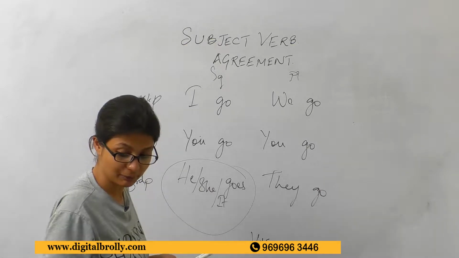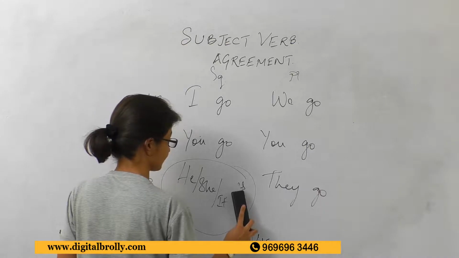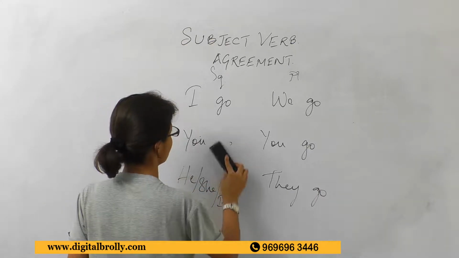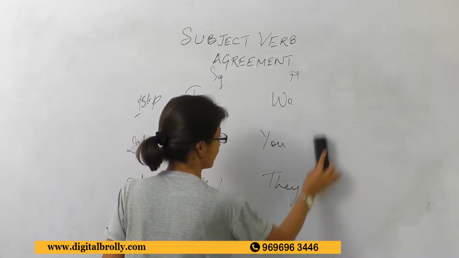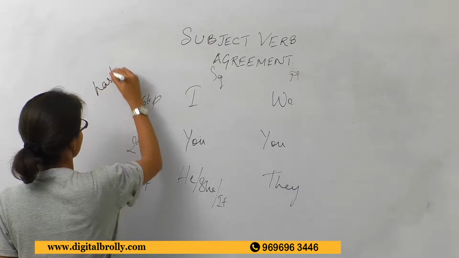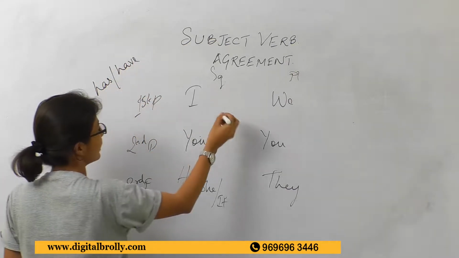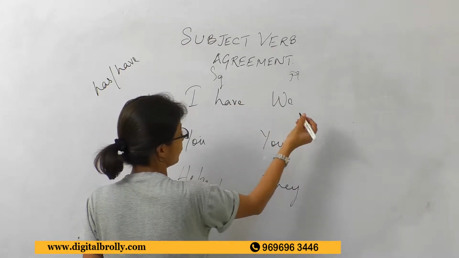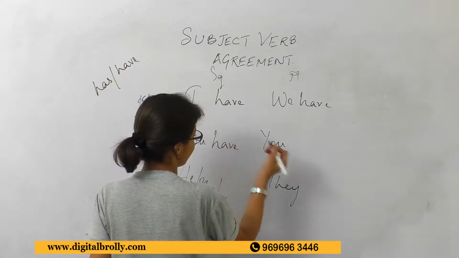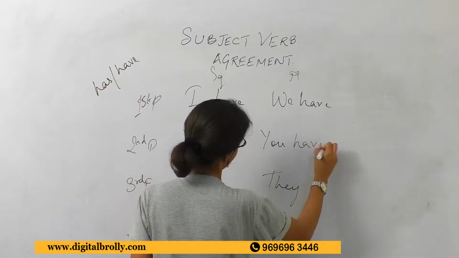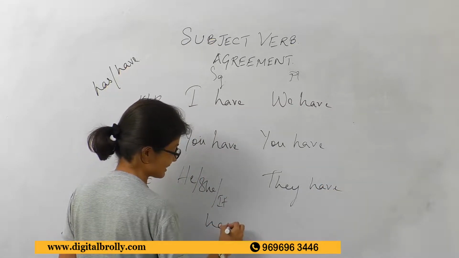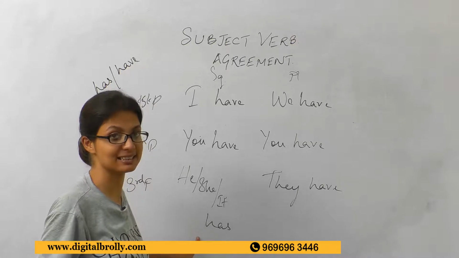Now coming to the verb have or has. I have a book, we have the book, you have the book, you all have the book, they have the book, but he has, she has or it has the book.